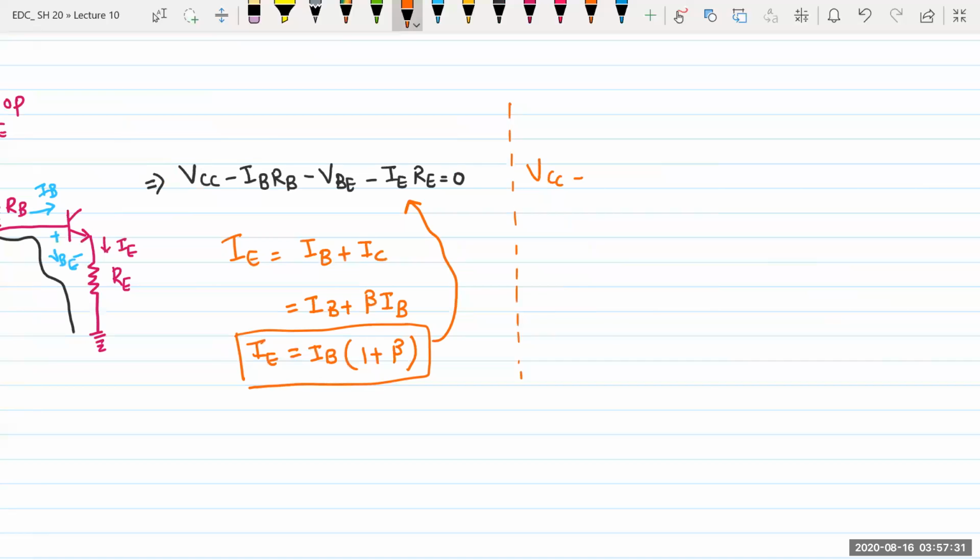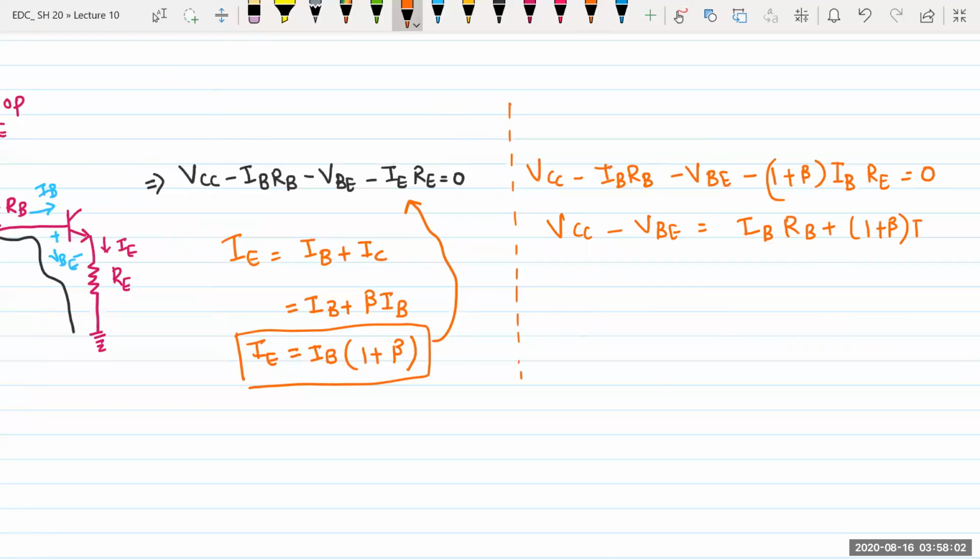When I substitute this in the expression, I'm going to get VCC minus IB RB minus VBE minus, in place of IE, 1 plus beta times IB into RE, which is equal to 0. I'll take IB terms on one side and voltage terms on the other side. So I'll get VCC minus VBE equals IB RB plus 1 plus beta times IB into RE.